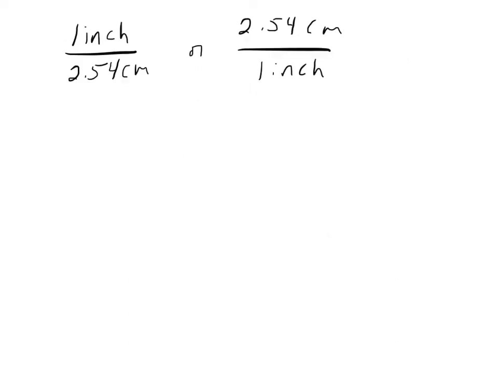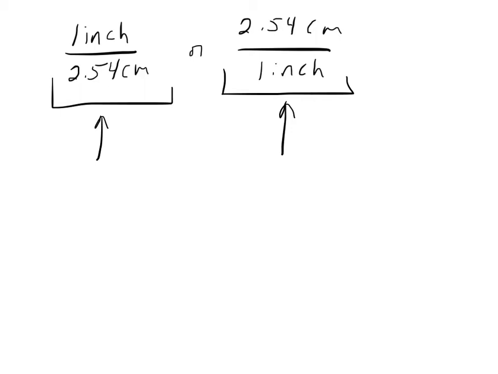Now which form of the conversion factor we use, 1 inch over 2.54 centimeters or 2.54 centimeters over 1 inch, really depends upon what unit we are trying to cancel. So if we're trying to cancel centimeters, that should be the conversion factor we use, where the centimeters is on the bottom. But if we're trying to convert inches to something, then inches needs to be canceled. So we would use the second form.